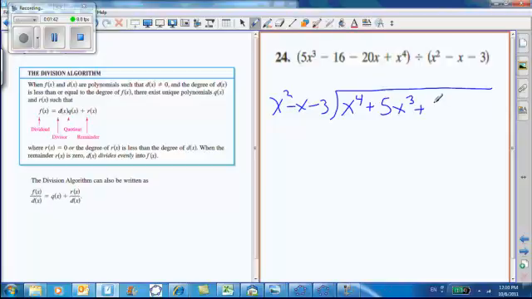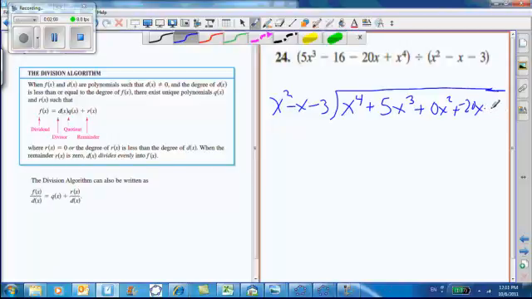I'm going to make room for a 0x squared plus a negative 20x plus negative 16. Okay, so our first thing is to see how do we get x squared into x to the 4th. Well, that's going to take an x squared.